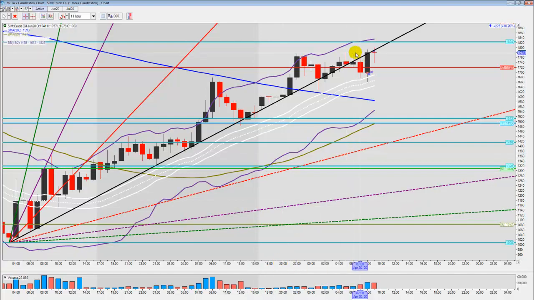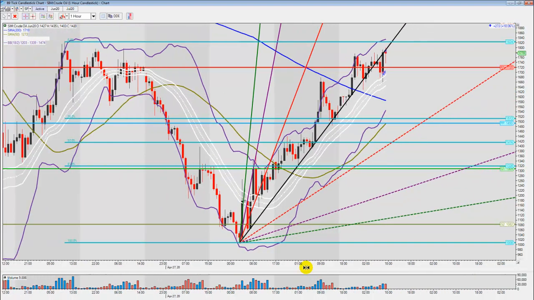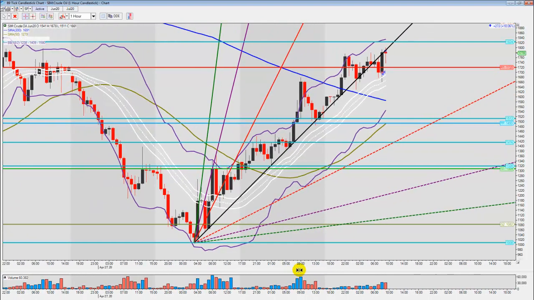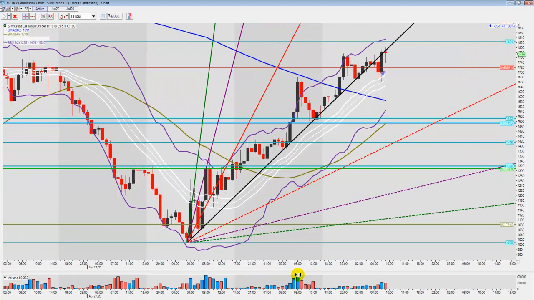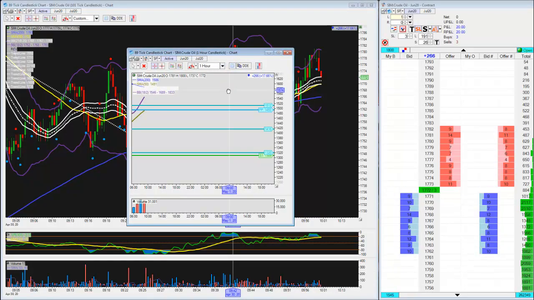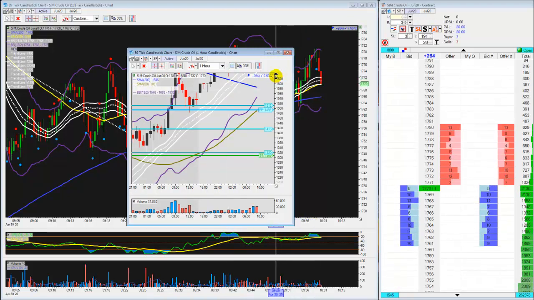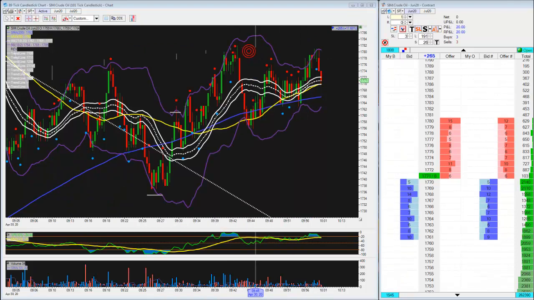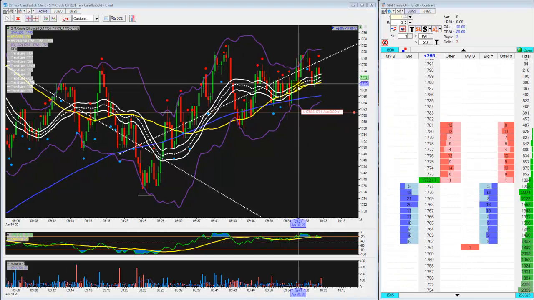Interesting. Need a lot more volume to kick this over, I believe. Or we need to see a lack of interest when it gets there. All right, so I do see a Gann signal here.